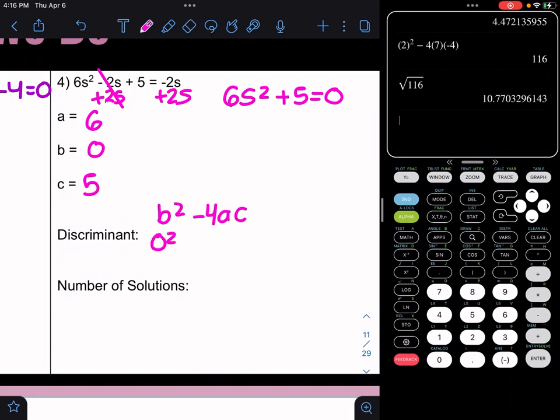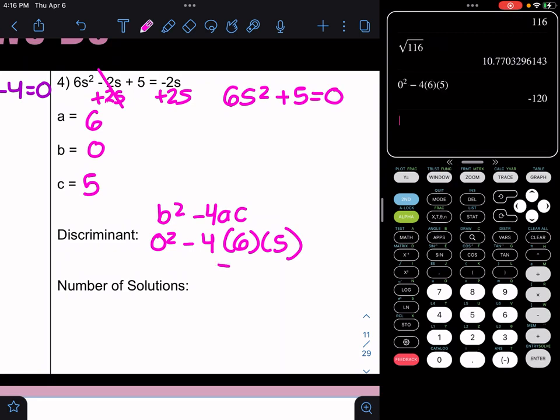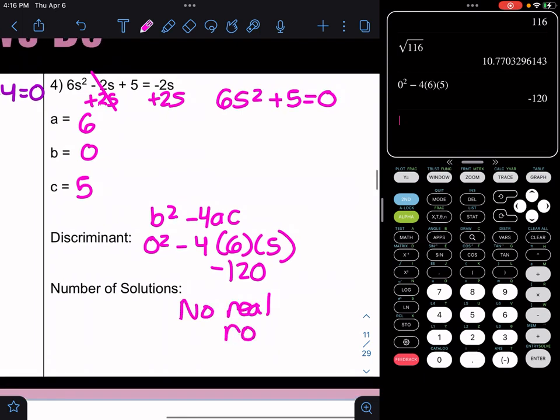B is 0, so 0 squared minus 4. A is 6, and C is 5. Let's type this in the calculator. 0 squared minus 4, 6, 5. And that gives us negative 120. As soon as you see a negative number, that means no real roots, because you cannot take the square root of a negative number.